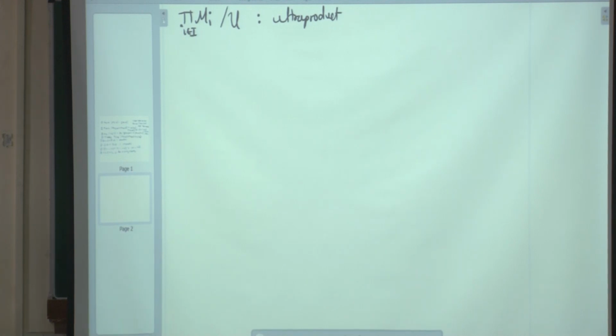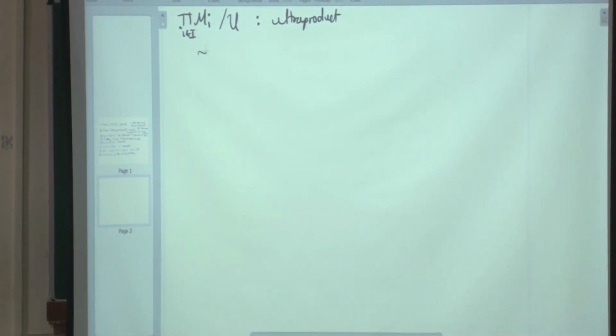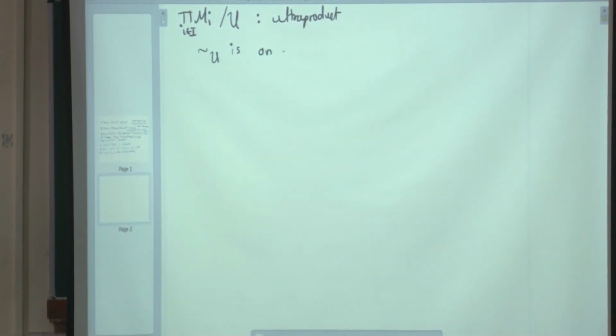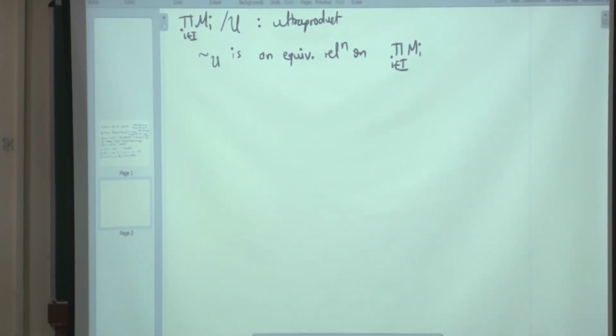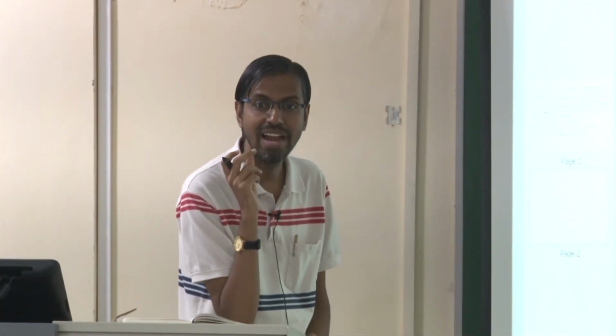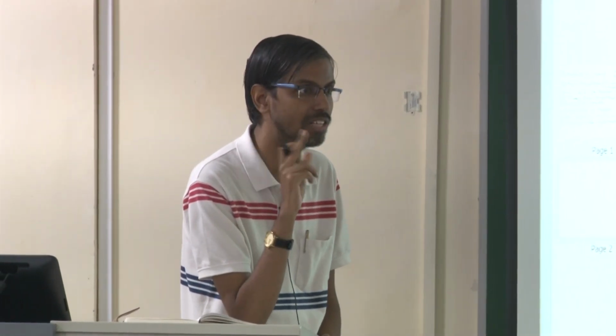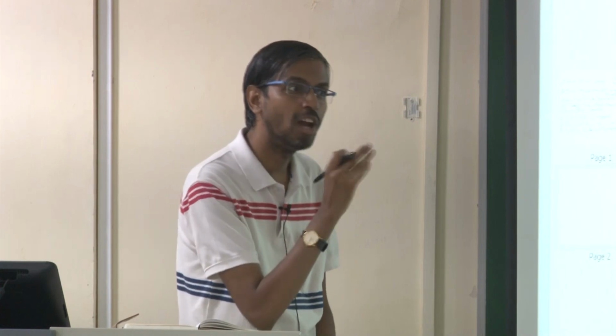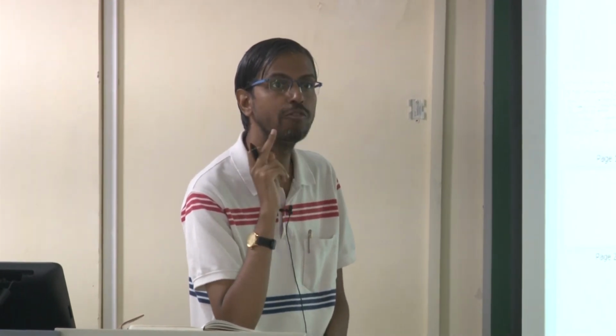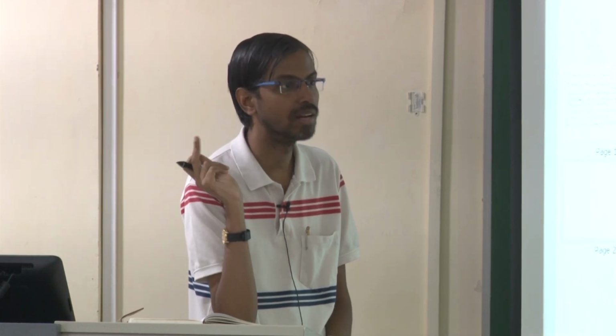And at one point we did check that tilde U is an equivalence relation on the product of the underlying sets. If you remember the proof, reflexivity, transitivity and symmetry were the three conditions that we checked. But in none of those conditions did we actually use the full definition of an ultrafilter.